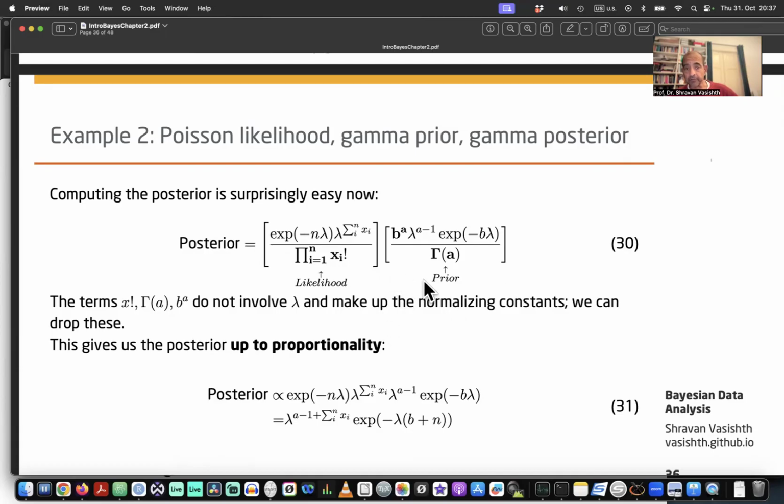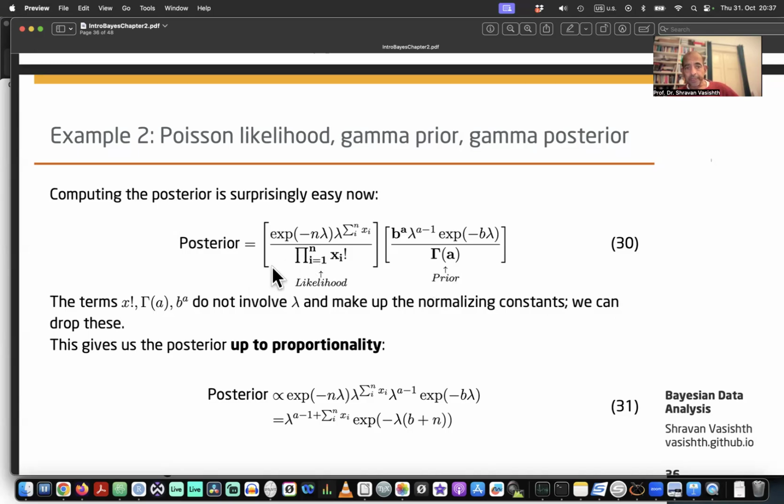So remember that when we define the prior for lambda, we specify some constant values for a and b. So b to the power of a is a constant. Gamma a is also a constant, okay? And the data have been observed, right? Those are fixed numbers. So this is also a constant.